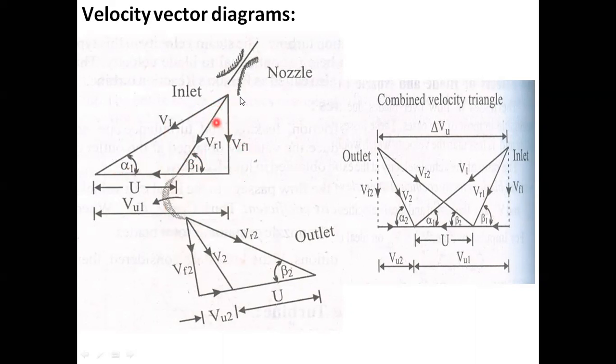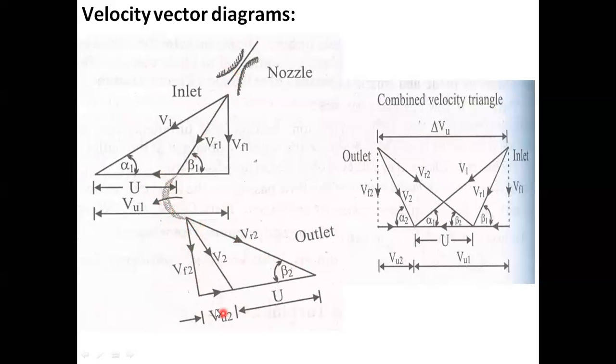Then the relative velocity moves in this direction along the blade. The steam acts with a force on this blade and leaves with VR2. This is V2 and this is VF2.